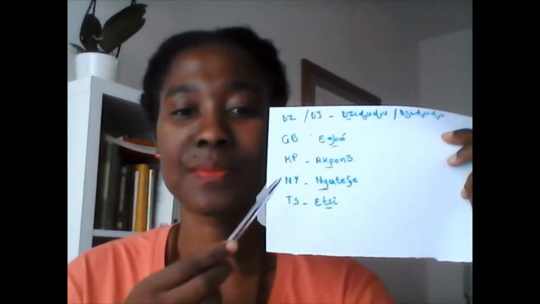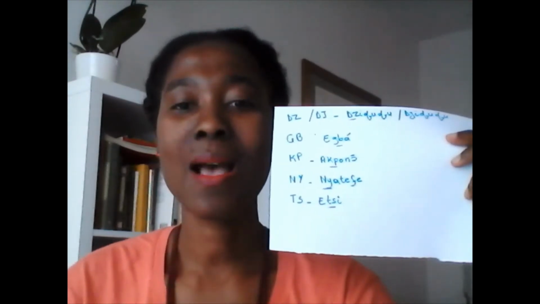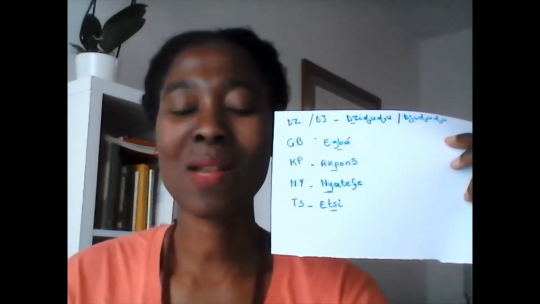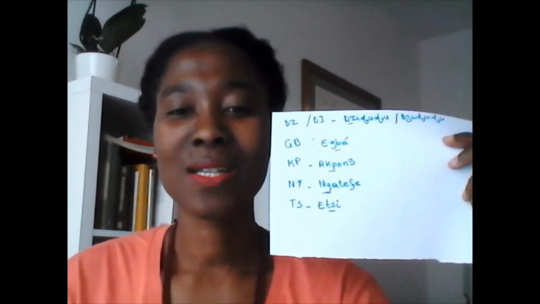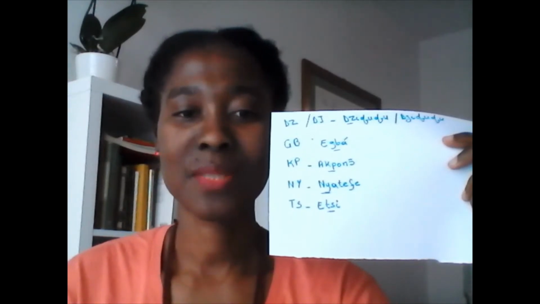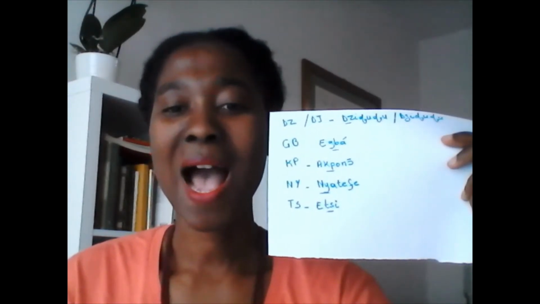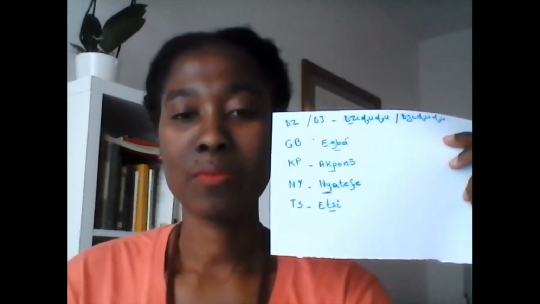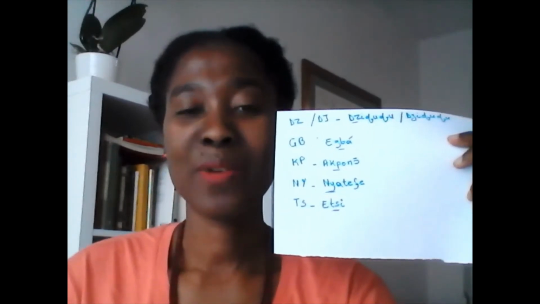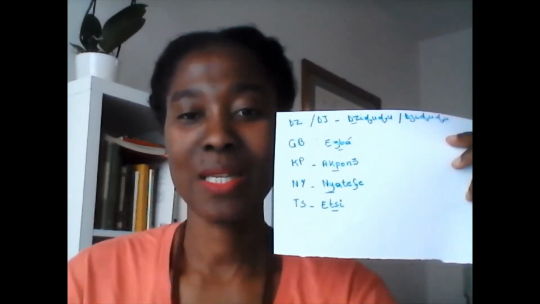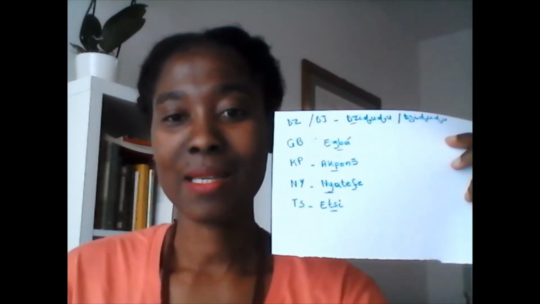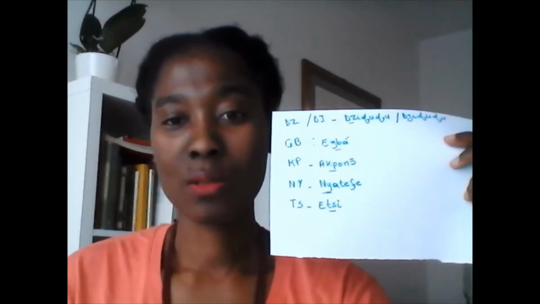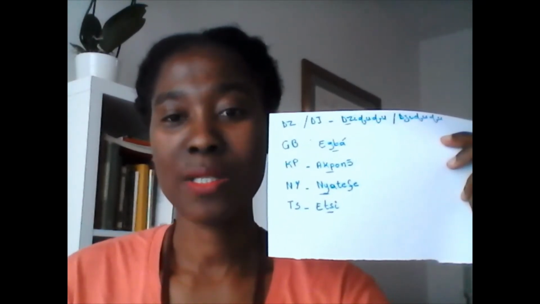Then the third one is kp. It also sounds like P but very strong. So the example is akpono or akpono. That is bread, or it depends: among the Anglos, akpono is biscuits.